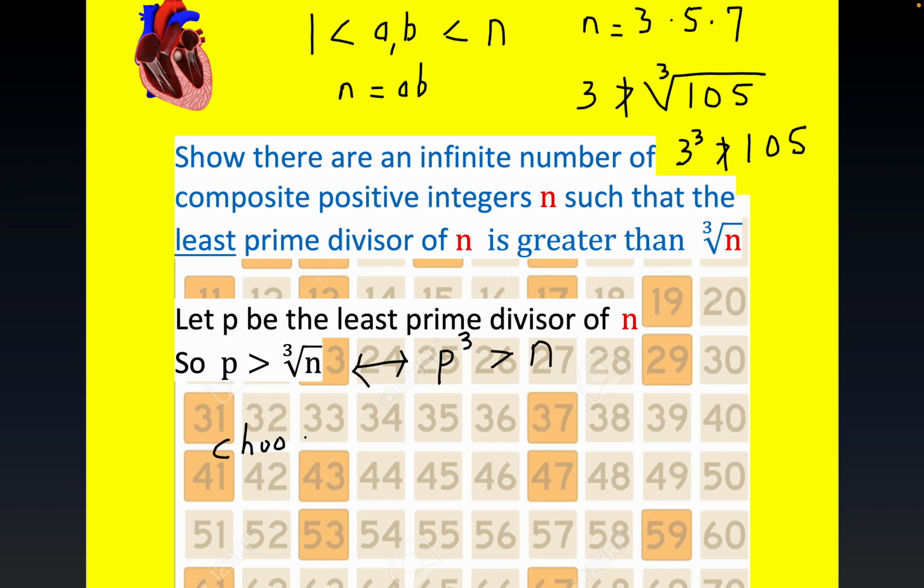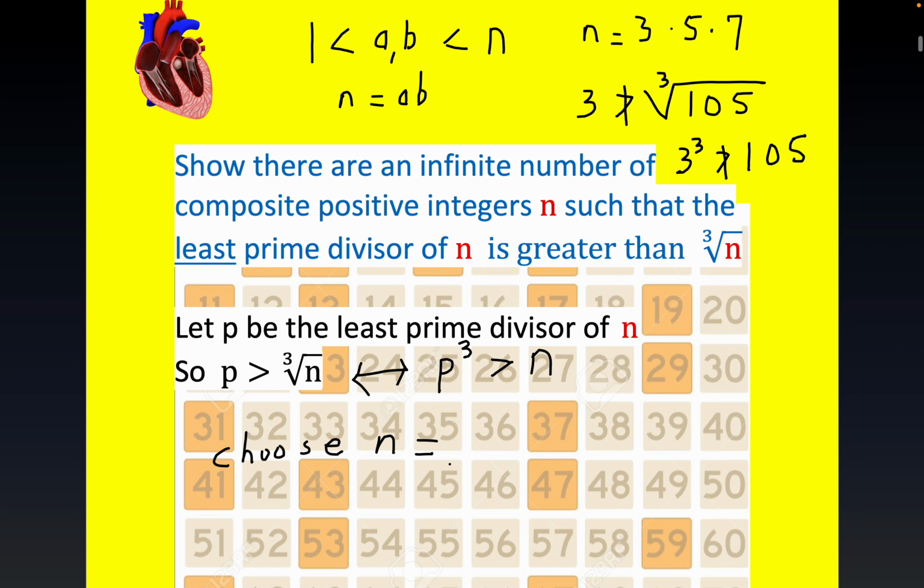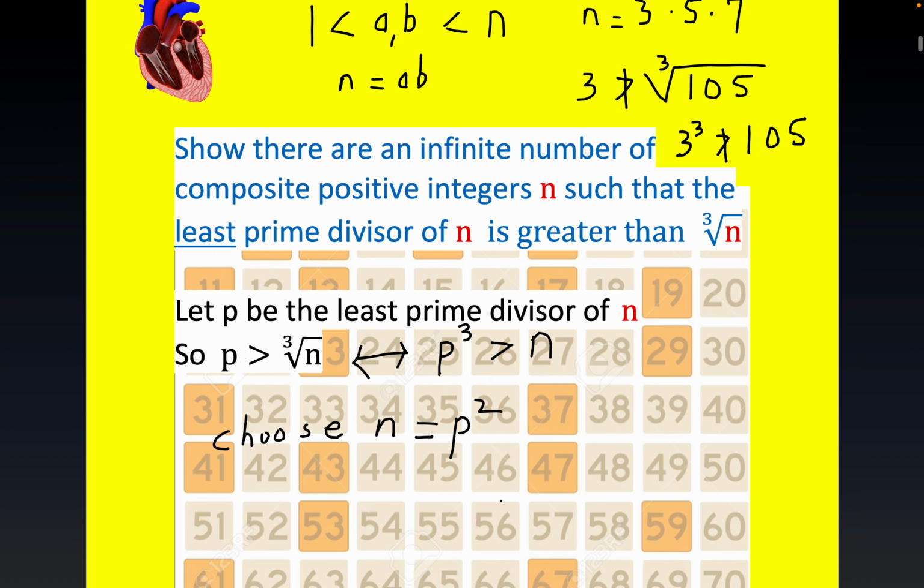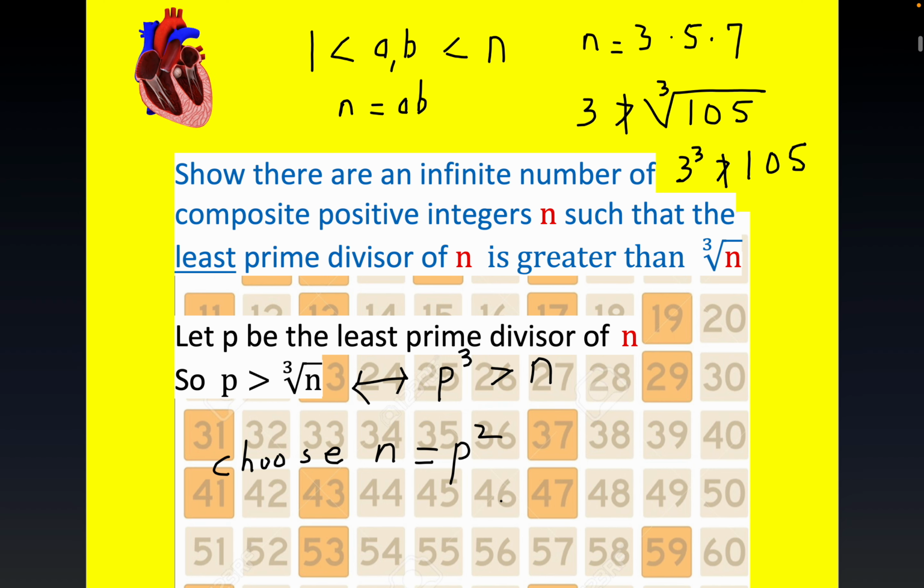So we choose n equal to P squared. And certainly P cubed is larger than our n, and n is a composite number. There's an infinite number of primes, so there's an infinite number of composite numbers with this property.